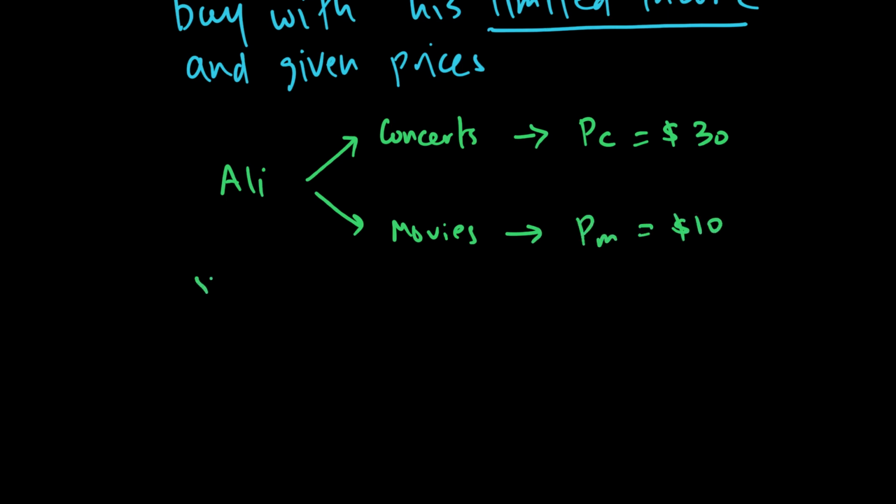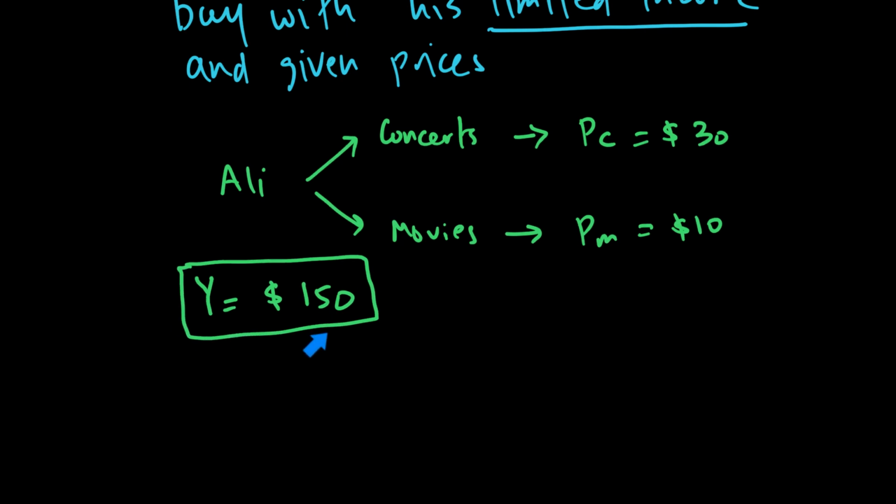Also, let's say his income is $150. So if I give you a given income, and the prices of two goods, concerts and movies, the budget line can tell us the various combinations of two goods that this consumer Ali can buy with his limited income.